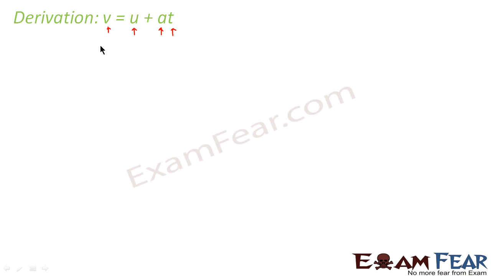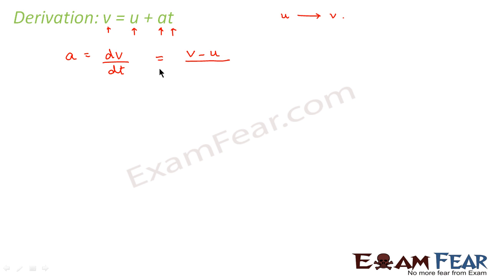Now let us try to derive it. From the definition of acceleration, how do we define acceleration? It is the rate of change of velocity with time, that is dV by dt. What is dV? It is nothing but change in velocity. Now, initial velocity is U and final velocity is V. That means the change in velocity is final velocity minus initial velocity.